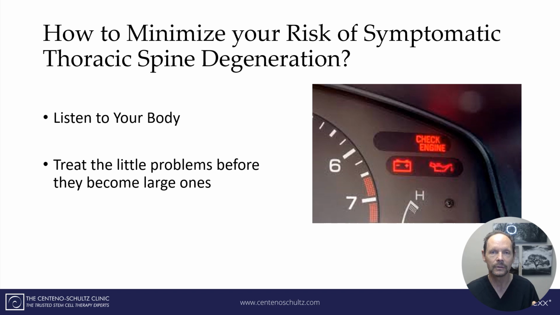It's trying to tell you something. The pain, the limitation that you feel are simply an alert that something's going on that warrants deeper evaluation. And you know as well as I do that treating small problems is easier than treating larger ones. So treat the problem when it's small before it becomes a larger problem.